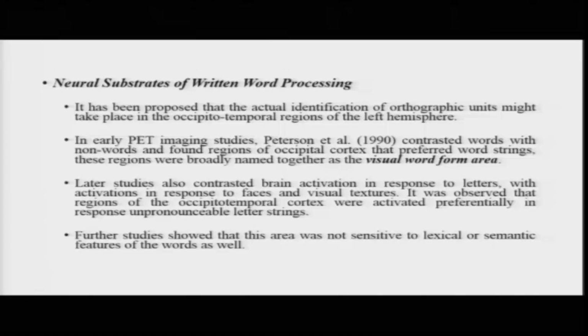Later studies also contrasted brain activation in response to letters with activation in response to faces and visual textures, and it was observed that these regions of the occipitotemporal cortex were activated preferentially by words, but not by faces, visual textures, houses and so on. That also strengthened the idea that there is a region of the brain that is activated specifically by this particular word form.